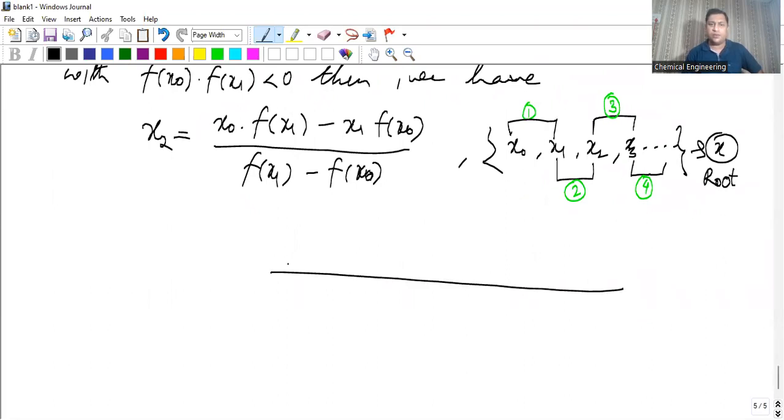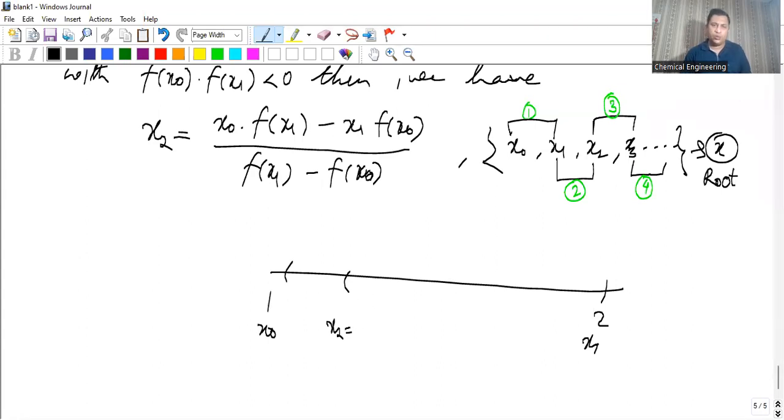For example, we have the interval from 1 to 2. This is the initial interval that we'll have. This is our x0, and this is our x1. We know the next value x2 will be somewhere in between 1 and 2.